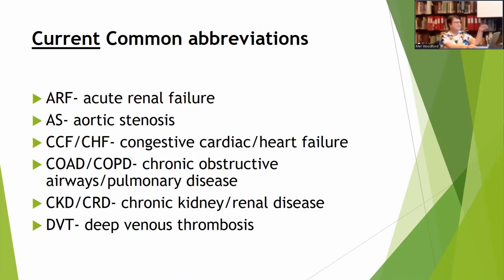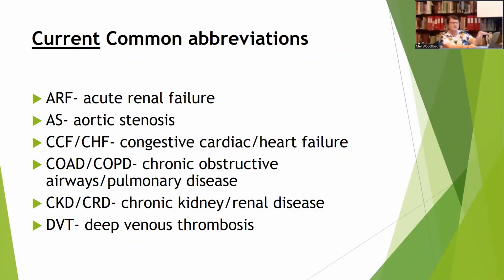And just some common abbreviations. For example, ARF is acute renal failure. It might also be written AKF, acute kidney failure. CCF and CHF are congestive cardiac or congestive heart failure. DVT is deep venous thrombosis.